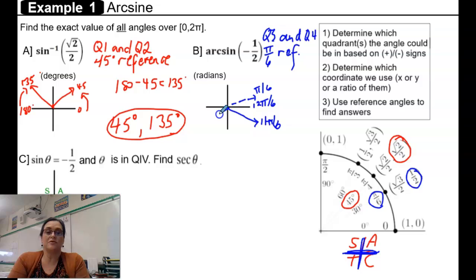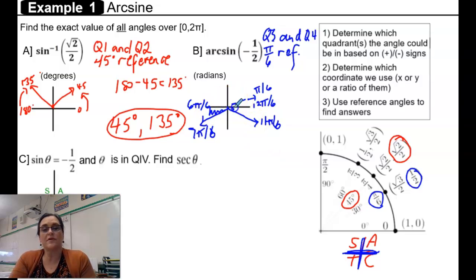My second solution comes from quadrant 3, and half the circle is pi, or 6 pi over 6 radians. So adding an additional pi over 6 for the reference angle would be 7 pi over 6. So those are my two solutions.